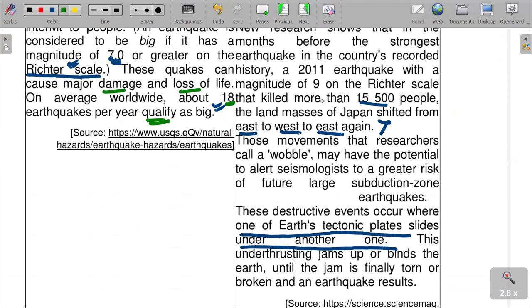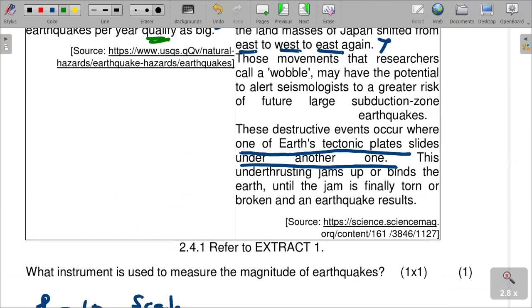So these destructive events occur where one of the Earth's tectonic plates slides under another one. This underthrusting jams up or binds the earth until the jam is finally torn or broken and an earthquake results because of these movements, frequent or continuous movement that we are talking about.